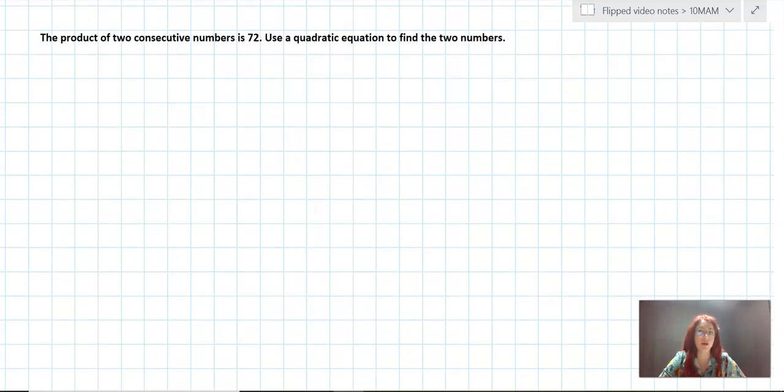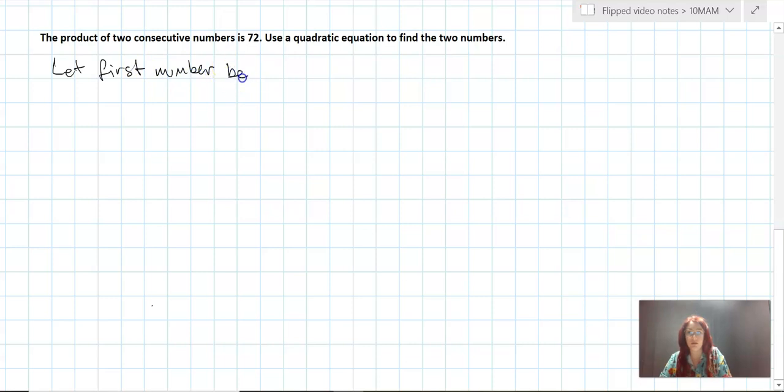Let's have a look at a different one. Here, we're told that the product of 2 consecutive numbers is 72. So product means that we've multiplied them together and we've come out with 72. We need to use a quadratic to find what those 2 numbers are. So let's call our first number x. Because they're consecutive, which means they follow on from each other, the second number is going to be x plus 1.